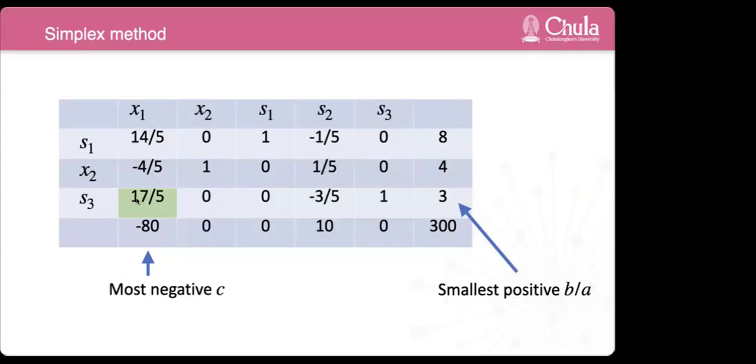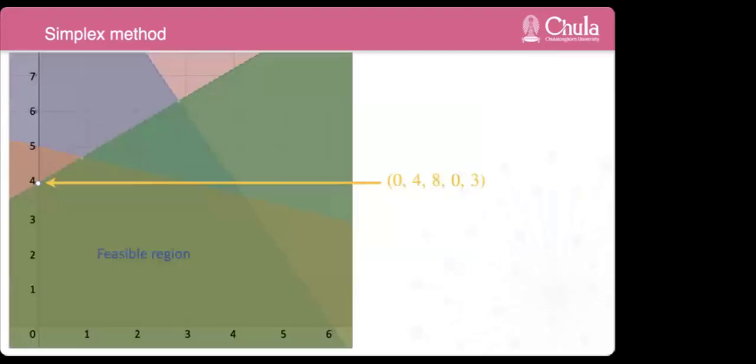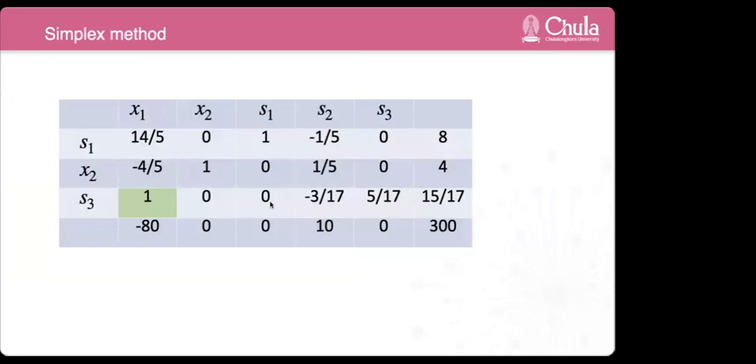We have to multiply by 5 over 17 to make it 1. Multiply all of this. Then you have to make this column to be 0, except this position.